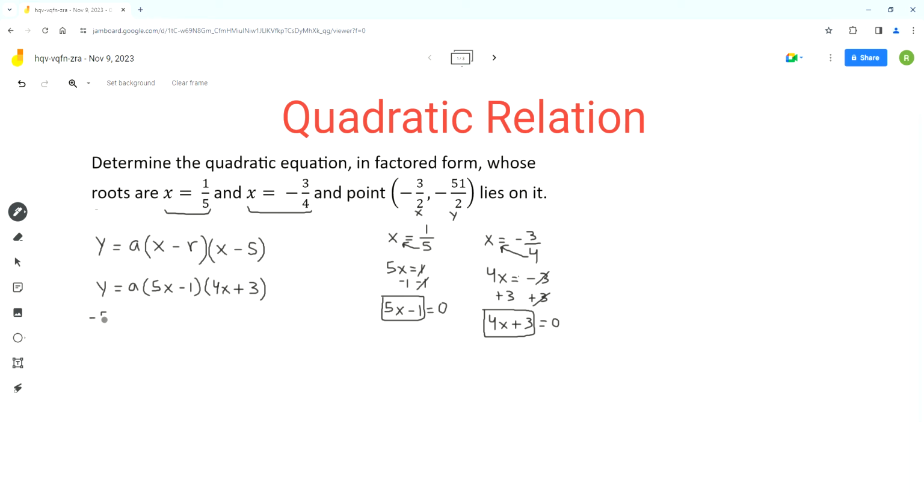So we get negative 51 over 2 equals a times (5 times negative 3 over 2 minus 1) times (4 times negative 3 over 2 plus 3).